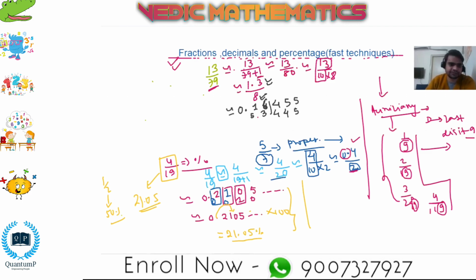So we have now 0.16455. If you multiply this with 100, you're getting 16.455 percentage.